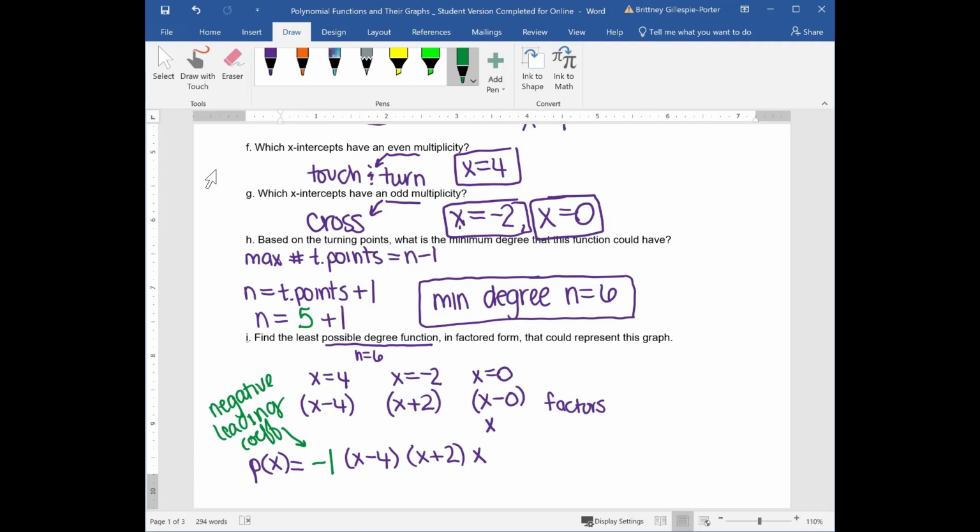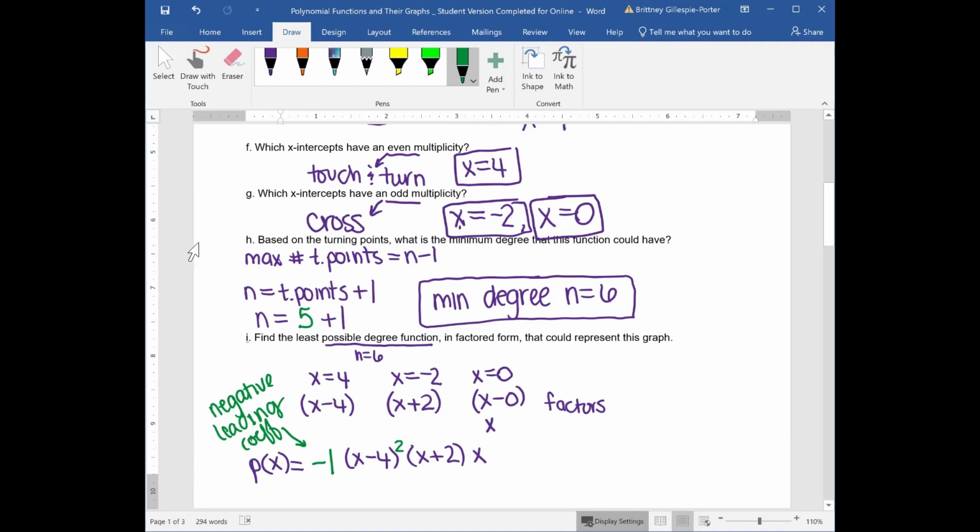We said x equal to 4 had an even multiplicity, which means that first even number we know is 2. So his multiplicity is going to be 2. The x plus 2 and the x are both odd multiplicities. We have to figure out whether it's going to be a 1 or a 3.